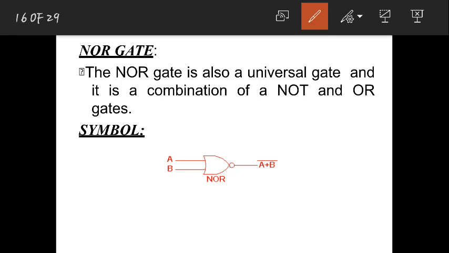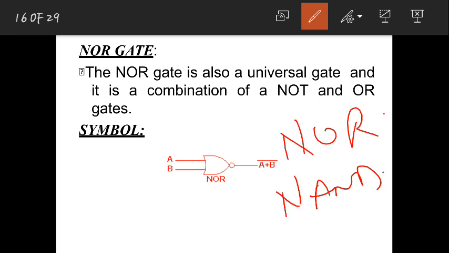So you can easily see where these names are derived from, OR and AND. If I place a NOT gate in front of them, this forms NOR and this forms NAND. In this way the names are derived: NOR is not OR, and NAND is not AND. So we are speaking about the NOR gate now.